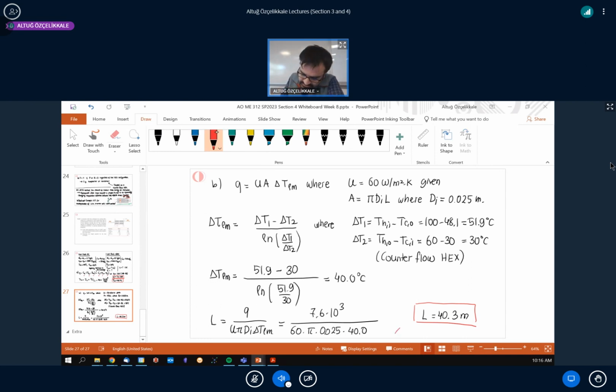This is what's called a heat exchanger sizing or design problem. So you're actually designing a heat exchanger from scratch rather than picking one from the shelf.